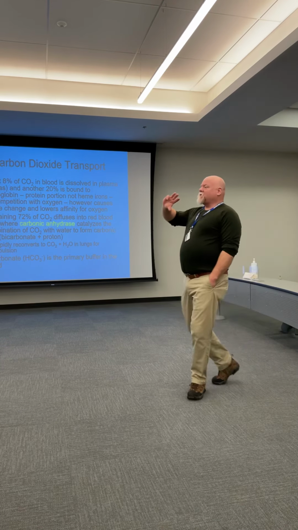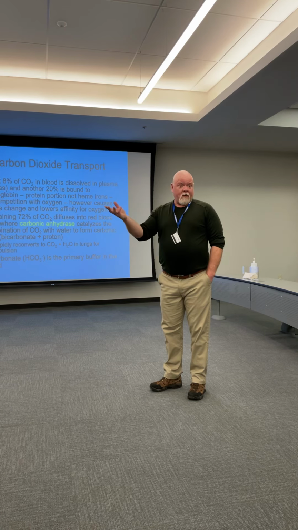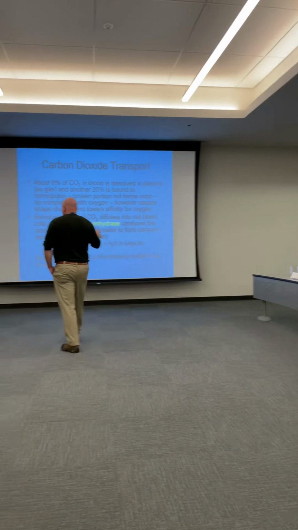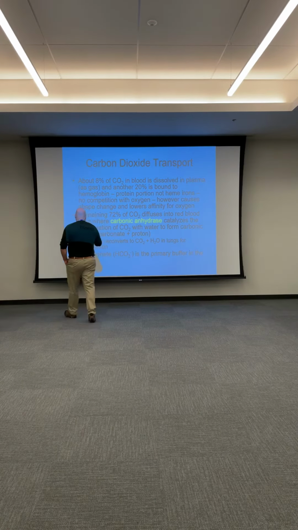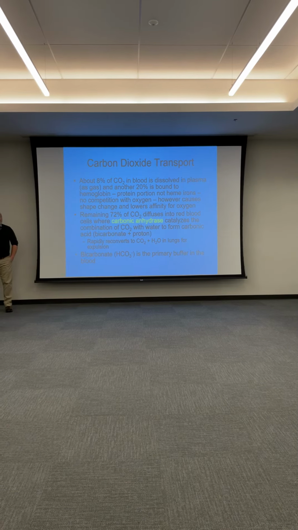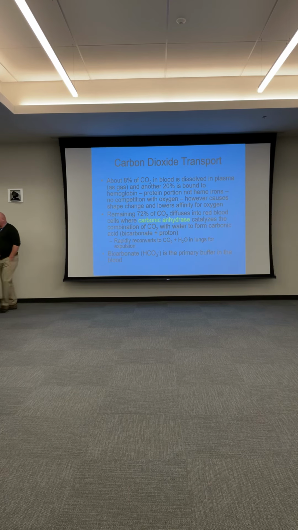So we can do this flip and convert it back to carbon dioxide. And that allows us then to get rid of it. So we get to do a lot of buffering capacity in the blood this way, but we can rapidly go backwards, produce the CO2 and get rid of it to help us maintain the pH. Okay?